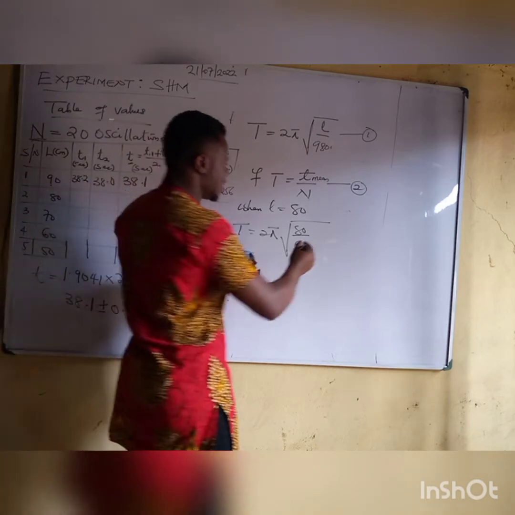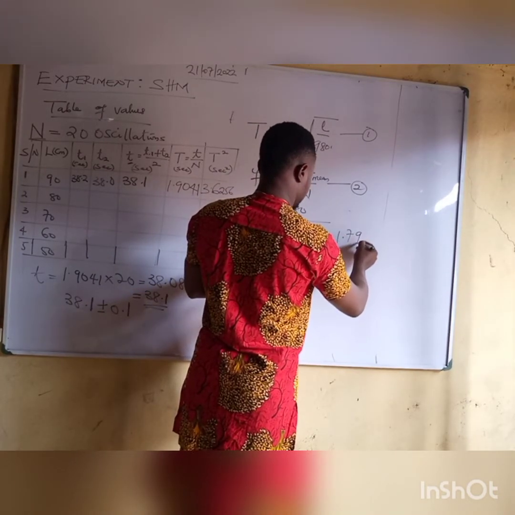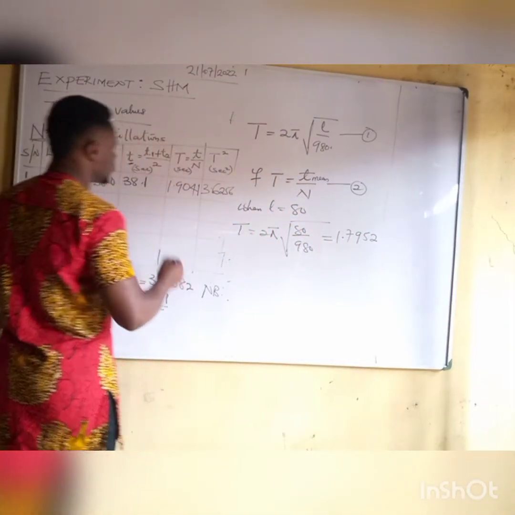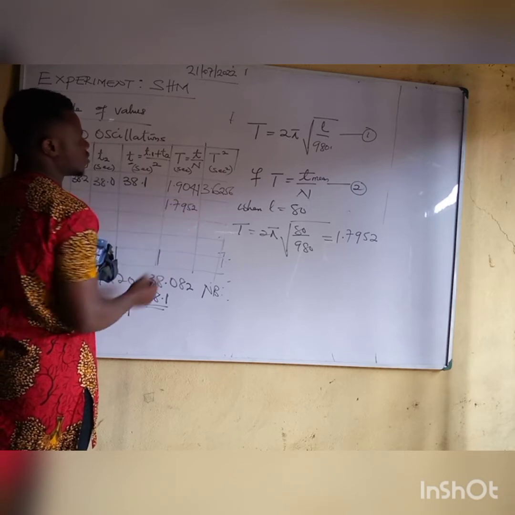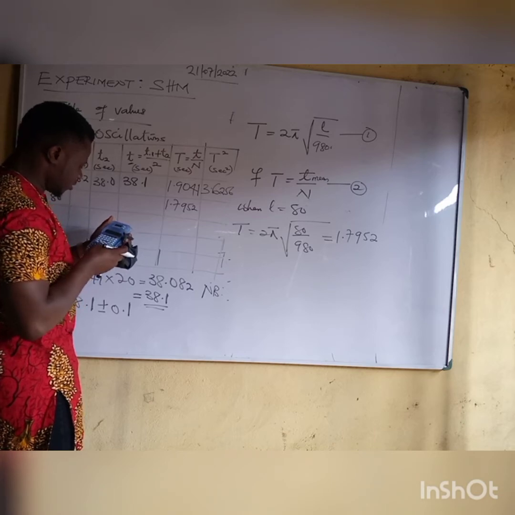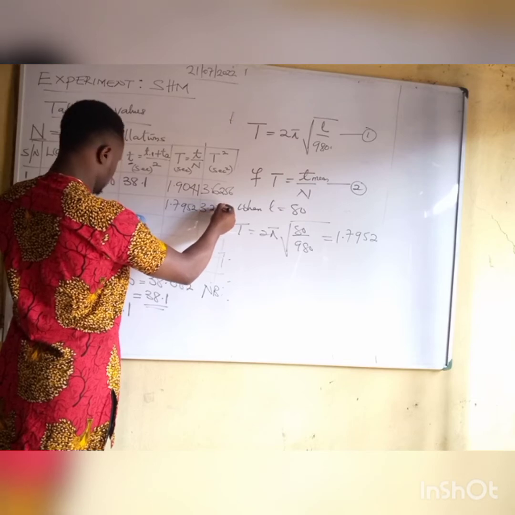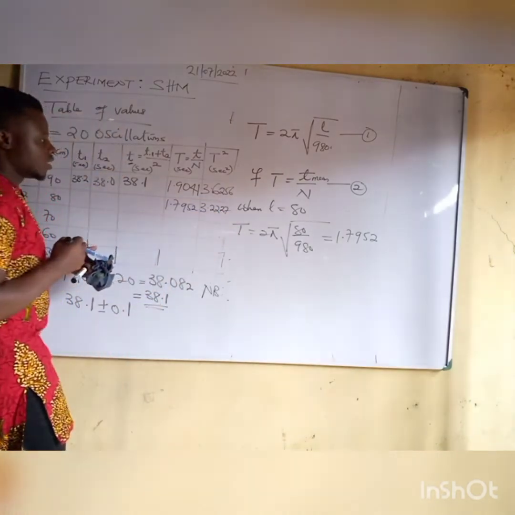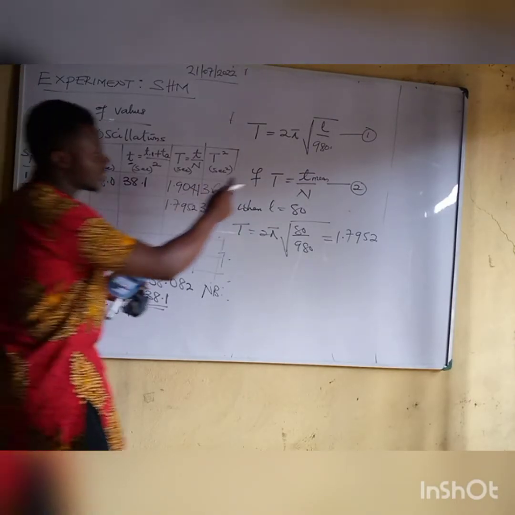What we are going to get here is 1.7952. So we have 1.7952. When you square it, we are going to get 3.2227.